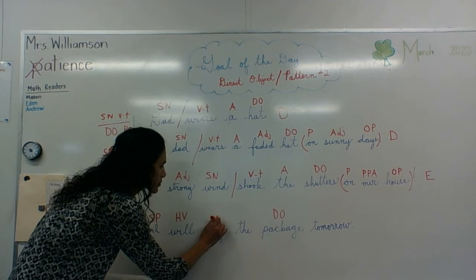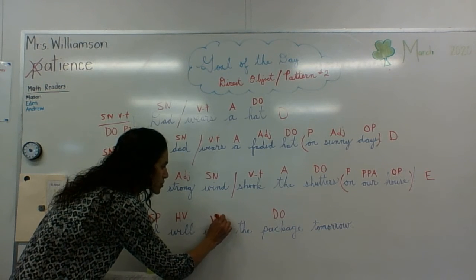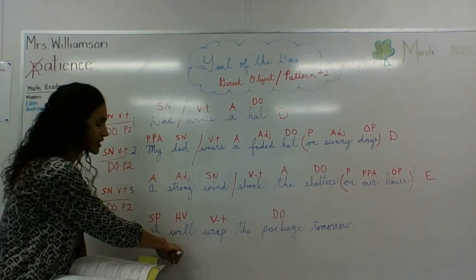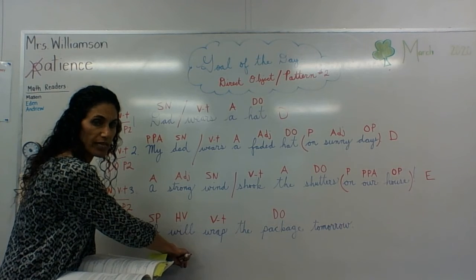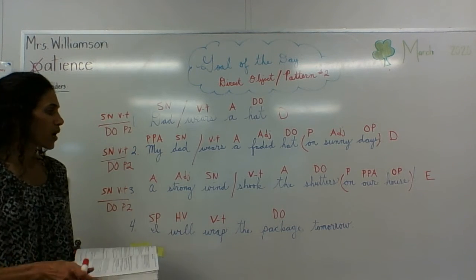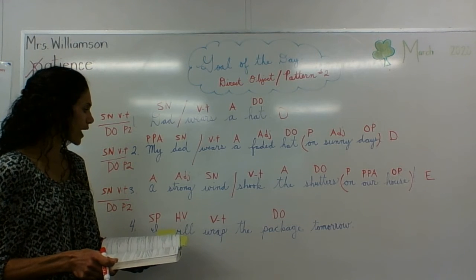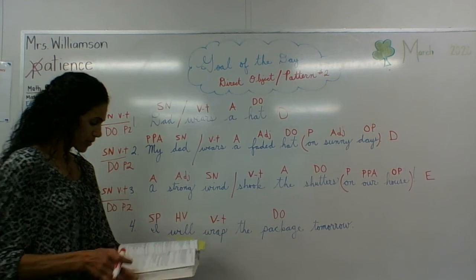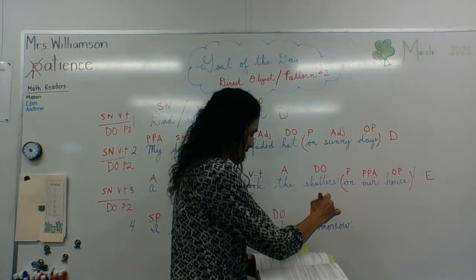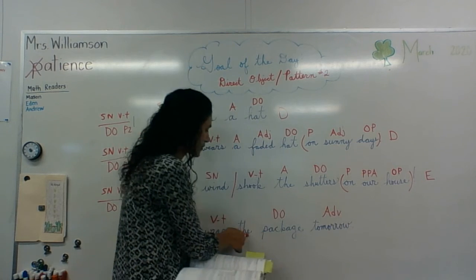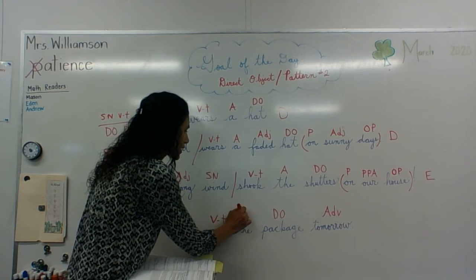This is then the verb transitive. The main action verb becomes your verb transitive. The helping verb never will be. It's always the action part. Okay? Now, when will I wrap the package? Tomorrow. That is our adverb. And then the article, adjective.